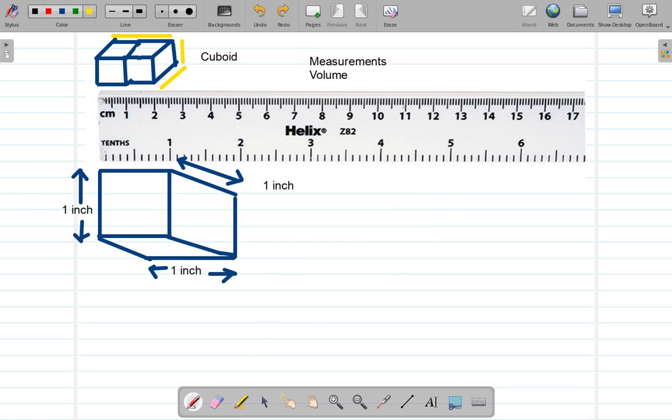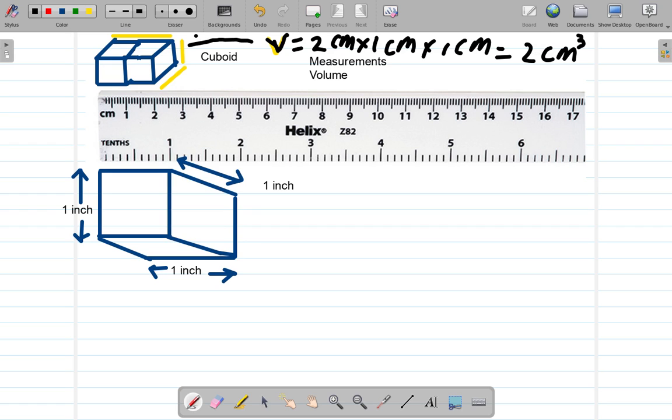The volume of this cuboid is 2 centimeters, the width, multiplied by the height, 1 centimeter, multiplied by the length, 1 centimeter. 2 multiplied by 1 multiplied by 1 is going to be 2, and it is centimeter cubed, since 1, 2, 3 of them are multiplying.